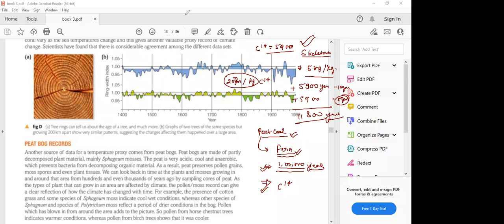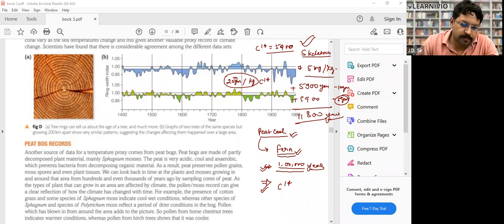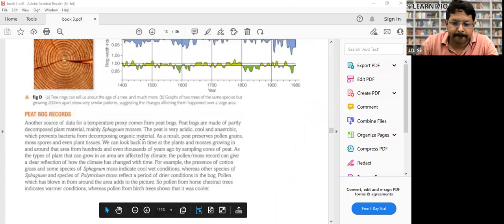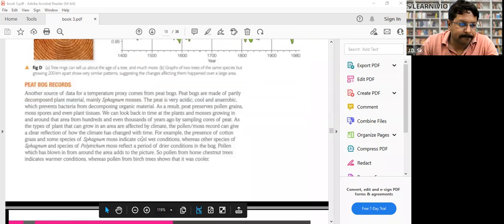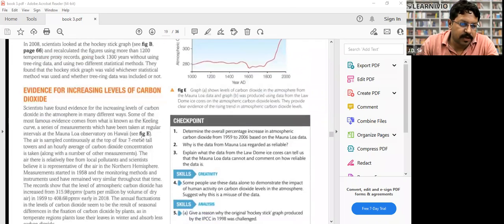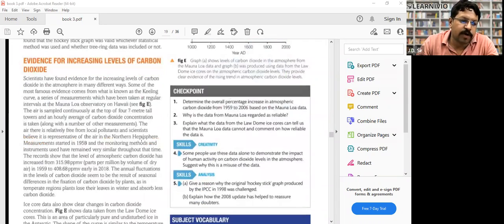So let's go to the next topic. Peat bog record, that happens. Evidence of increasing level of carbon dioxide. Now, come to this one.